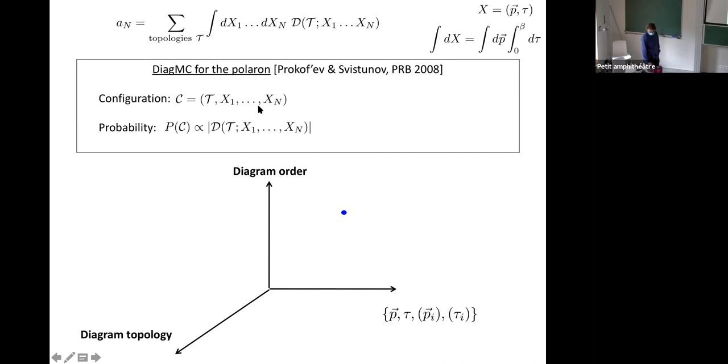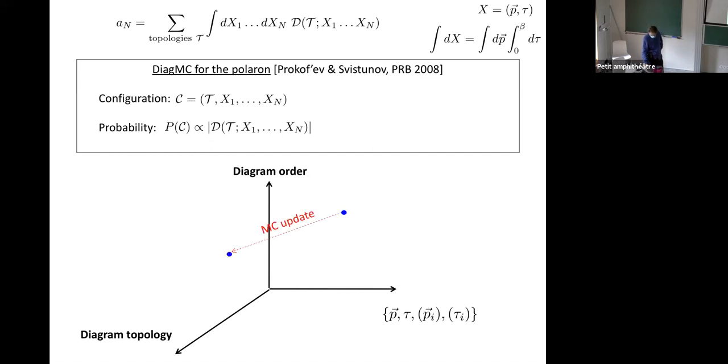Then we do a random walk in this space of configurations, and these configurations are visited with a probability which is proportional to the absolute value of D, which is just the product of the Green's functions. I will not explain exactly how these updates are constructed, but that's the idea.